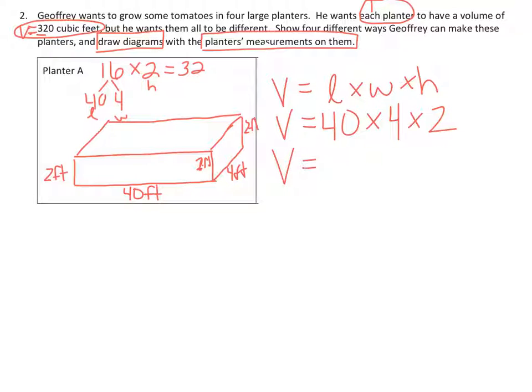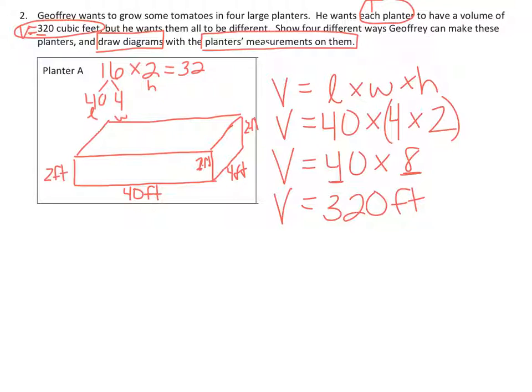So I could do it this way. 4 times 2 is 8. So V is equal to, well, 4 times 8 is 32, and bring down that 0. Volume is 3 dimensions, so it's cubic feet. There we go. And there's my answer.